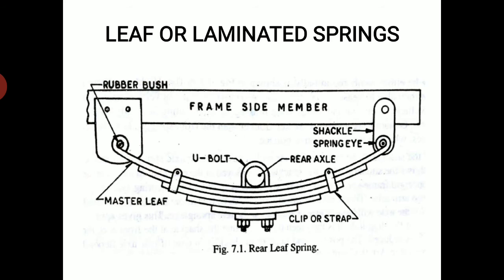The spring leaves are of graduated length, as shown. The front end of the largest leaf is bent into a circle to form a spring eye. There is one spring eye, and it is attached to the spring hanger.